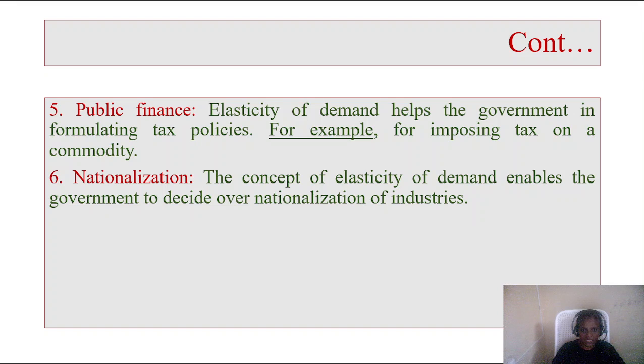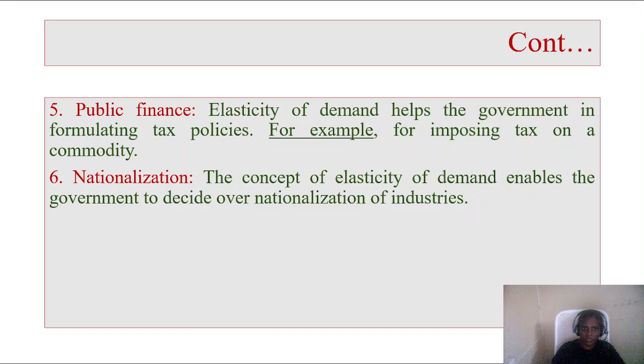Depending upon the elasticity of demand, the government fixes the taxes. If the elasticity is more, they fix higher taxes for the commodity. If the elasticity is very less, they fix low prices. And vice versa also sometimes happens, to help the consumer.